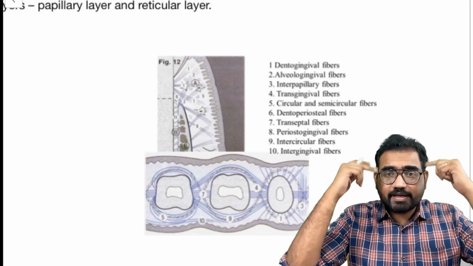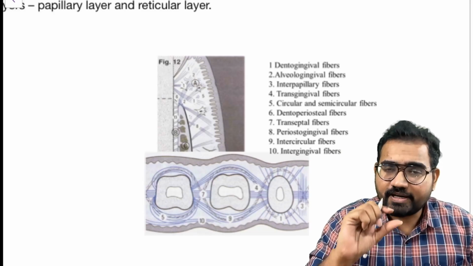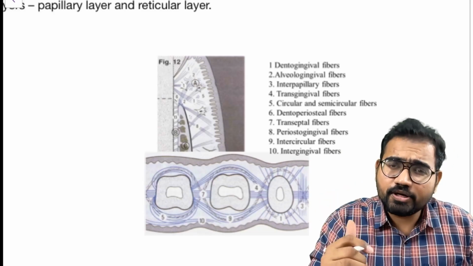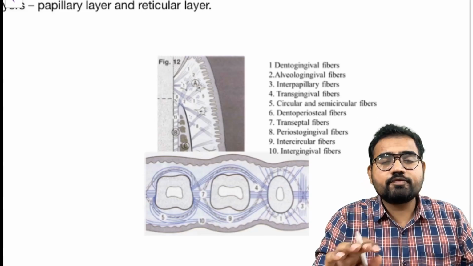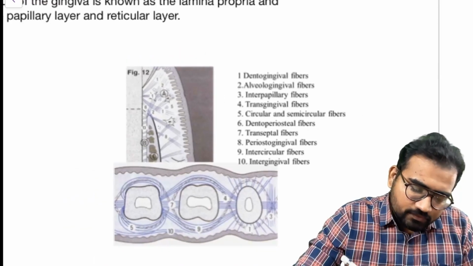Just recollect your diagram: junctional epithelium, gingival connective tissue fibers, and below that you have periodontal ligament fibers. Now we are going to talk about only gingival connective tissue fibers.